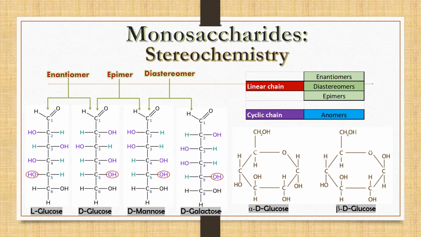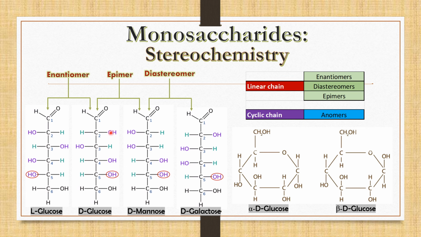L sugars are found in nature, but they are not as abundant as the D sugars. When two sugars have the same molecular formula but are not mirror images of each other, they are known as diastereomers. When two sugars differ only in the configuration around one specific carbon atom, they are called epimers.